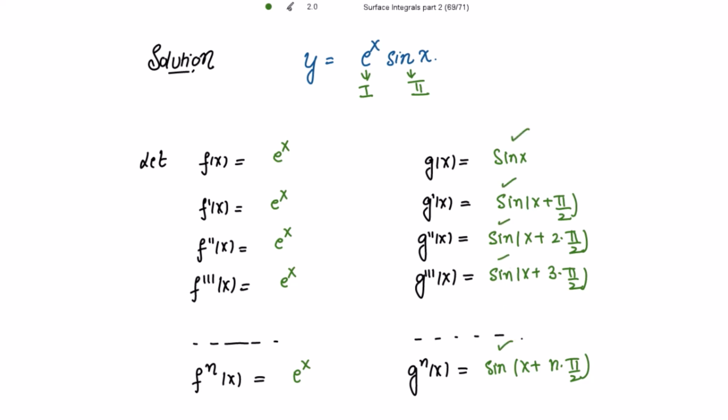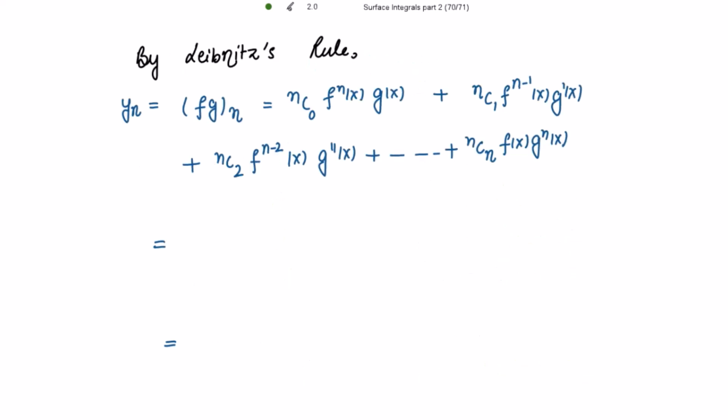Now let's use the Leibniz rule to get the nth derivative of this y. By Leibniz rule, the nth derivative of this function y is equal to the nth derivative of the product of these two functions f and g.